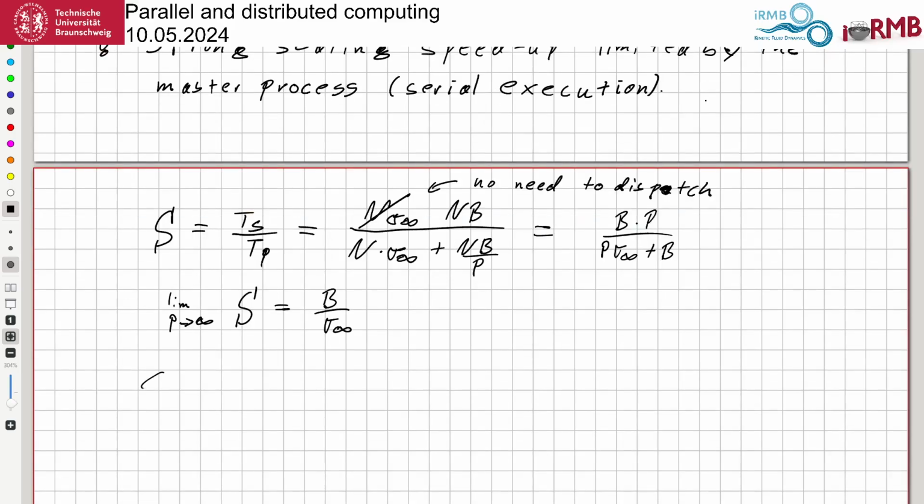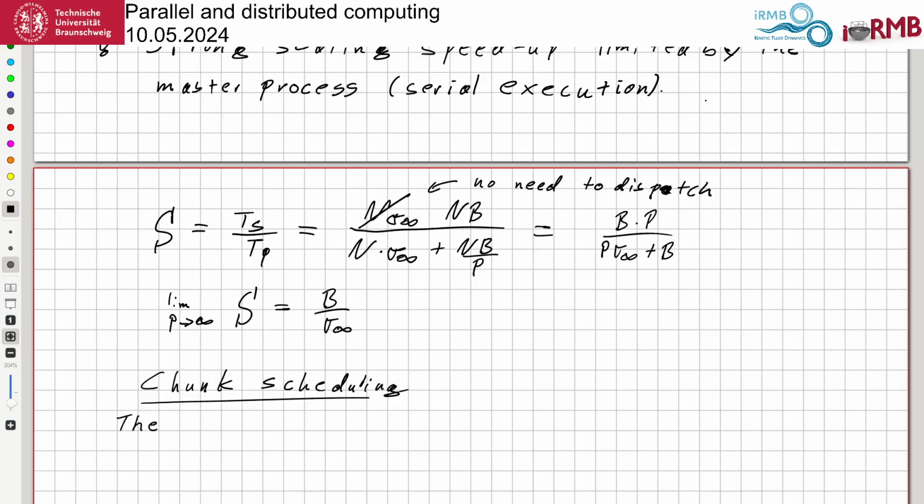Okay, for this to improve, what we can do is so-called chunk scheduling. And this is pretty simple.